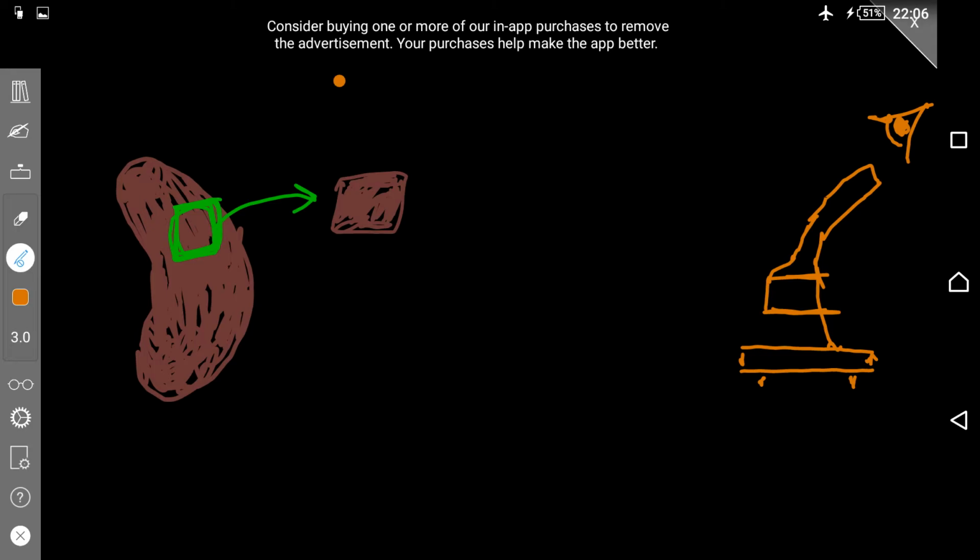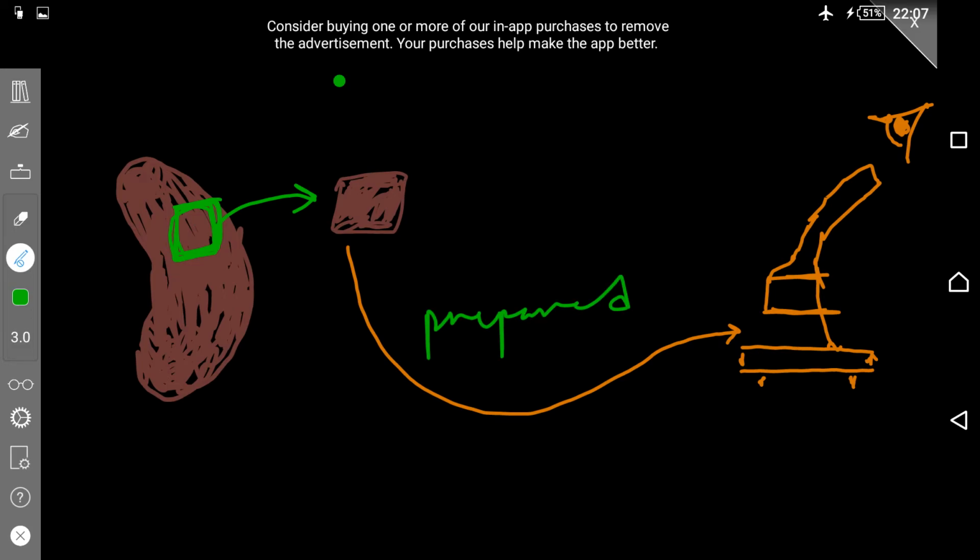For the tissue to be able to travel through this distance and be directly examined by the microscope, it needs to be prepared. Some procedures need to be done on it so that it can be easily and successfully examined and studied.